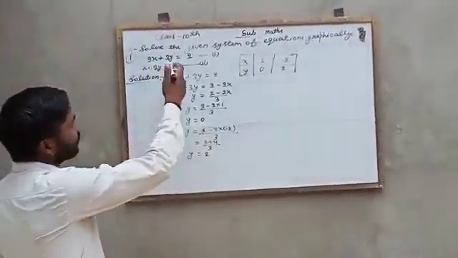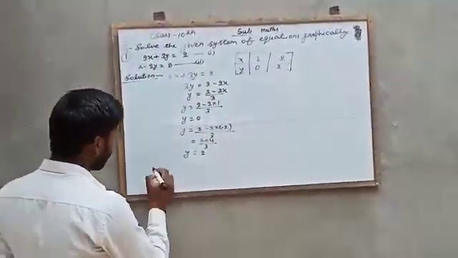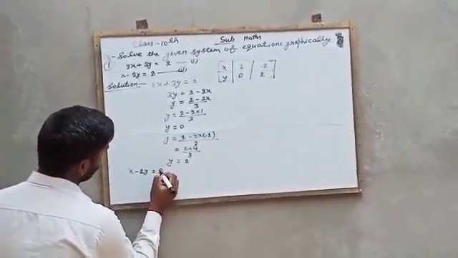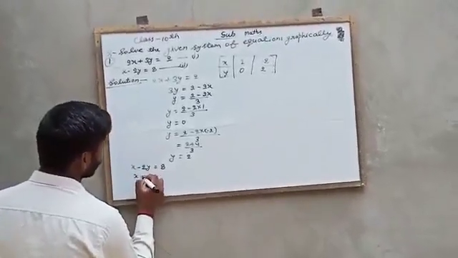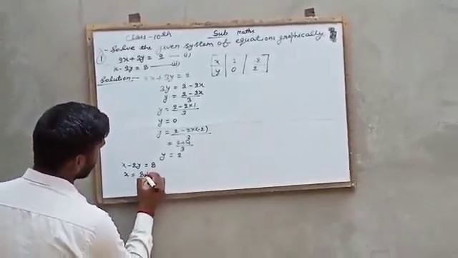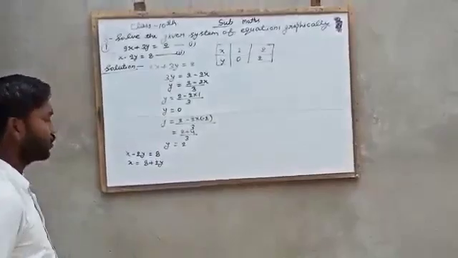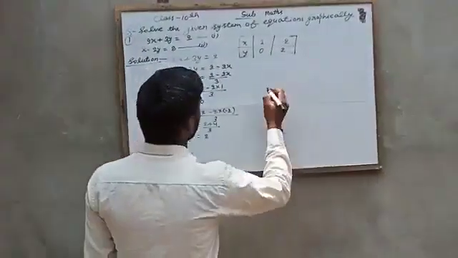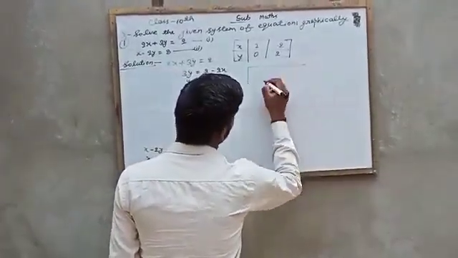Again we will solve the second equation. x minus 2y is equal to 8. So x is equal to 8 plus 2y. For this also we will make another chart, another table.